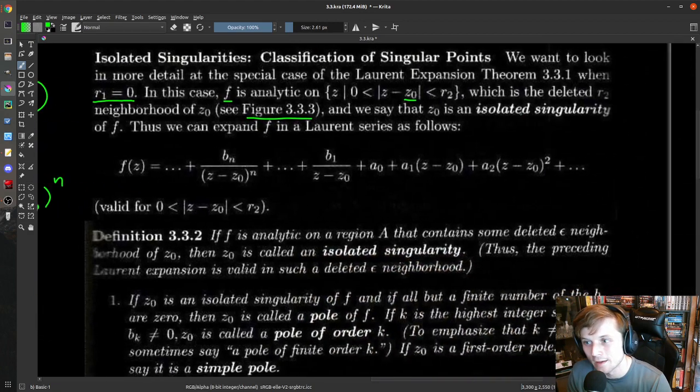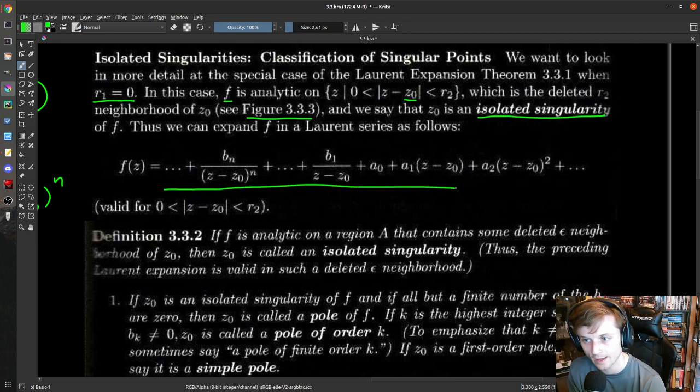Cool. Now, these guys we're going to call isolated singularities. That is, we're analytic and all good everywhere except at this little point right in the middle. It's isolated, it's all by itself. Isolated singularity. Now, when we expand f in a Laurent series, this is our classic Laurent series.